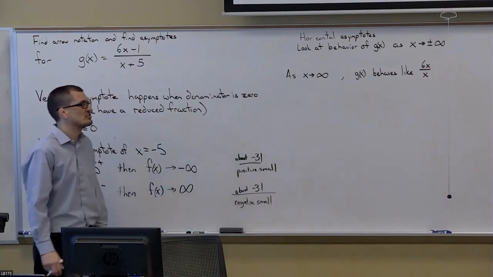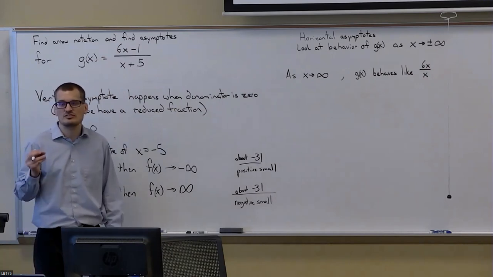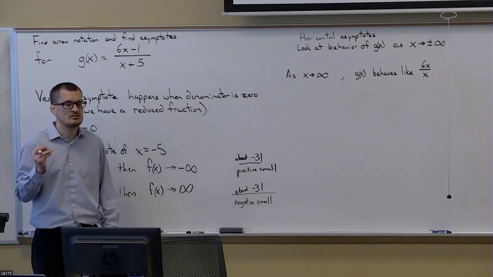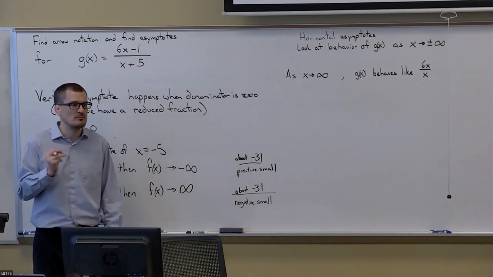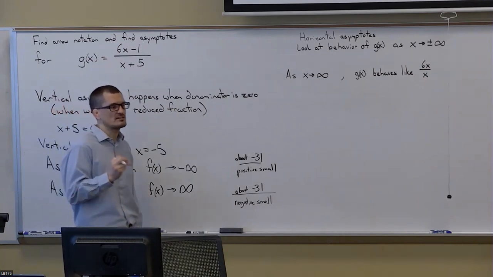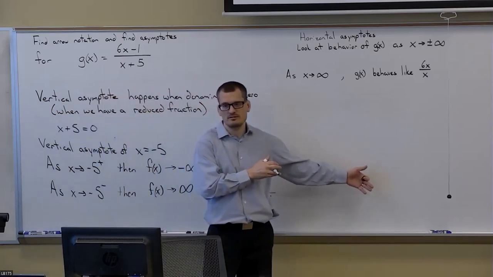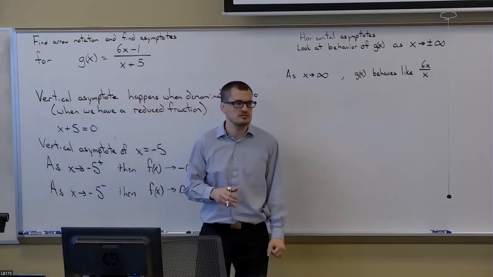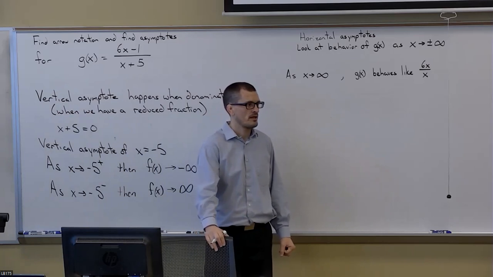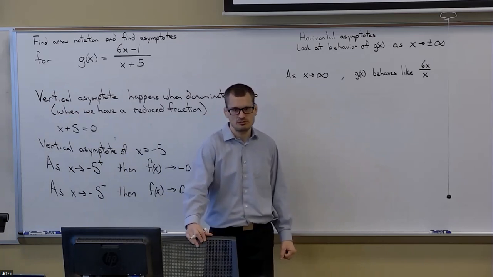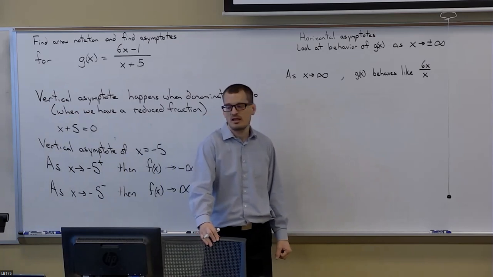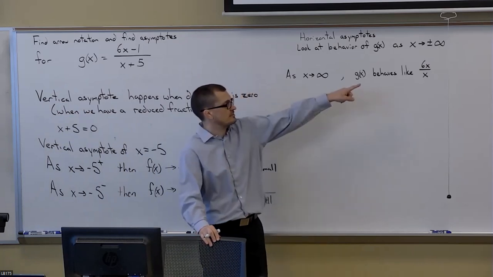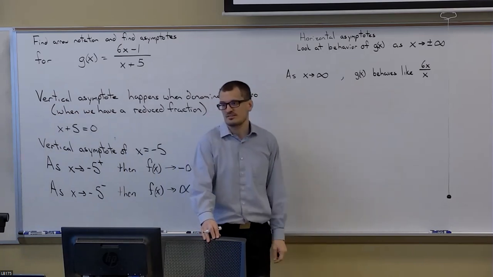So I can just look at the leading term on top versus the leading term on bottom, in the context of leading terms that we talked about a couple of sections ago, meaning the term with highest degree. And what's that do? 6x over x.